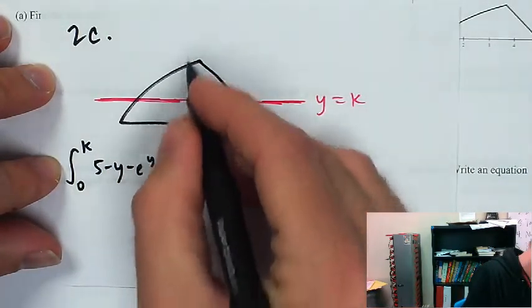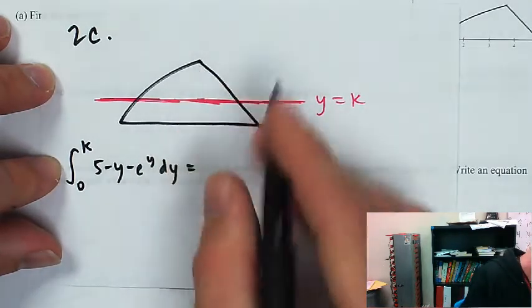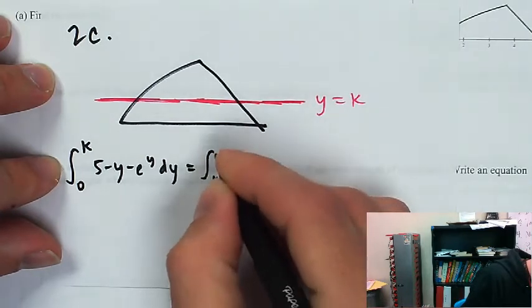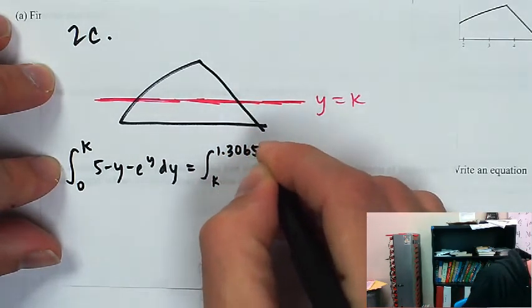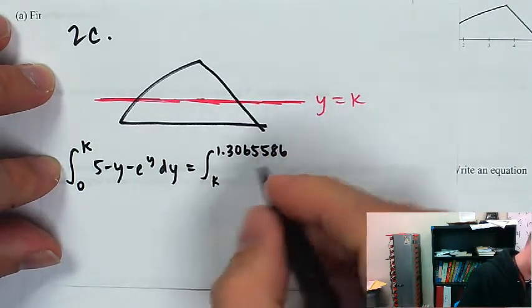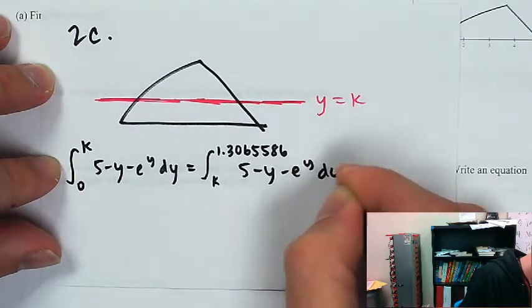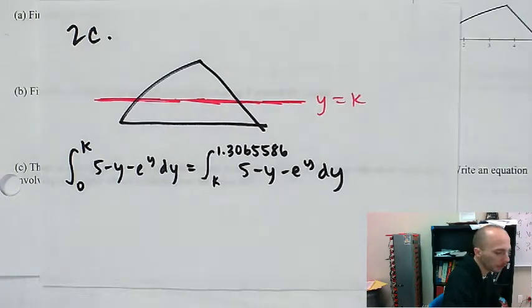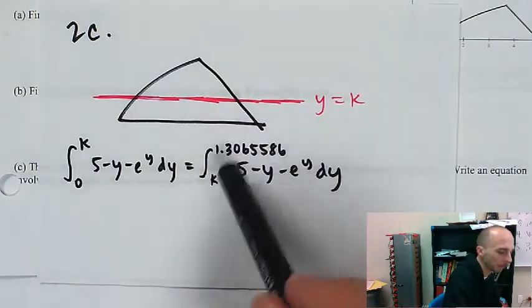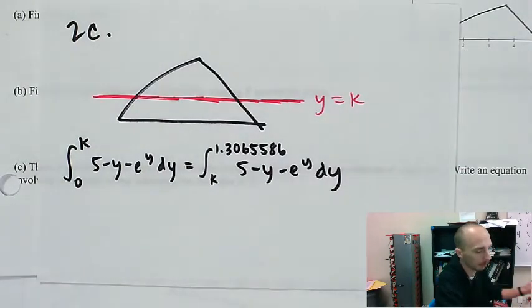And that's going to be equal to the top half, where I'm integrating from k up to that special 1.3065586 number. And then that's an equation that would satisfy what they were saying, that the two areas are equal. You could say that this was half of the integral from 0 to that if you wanted, but you don't have to.